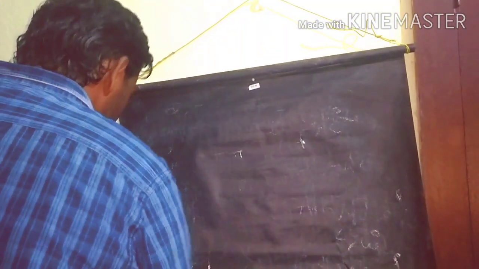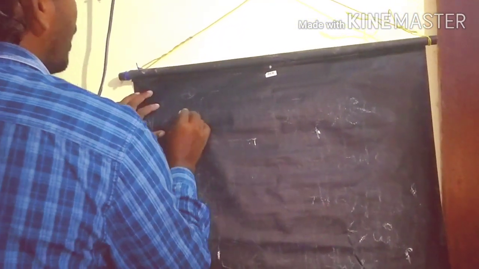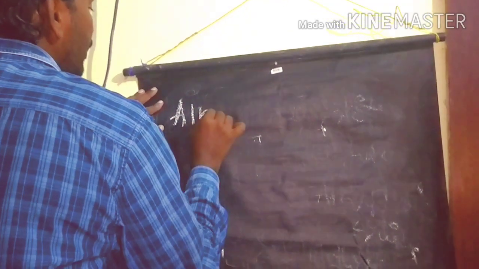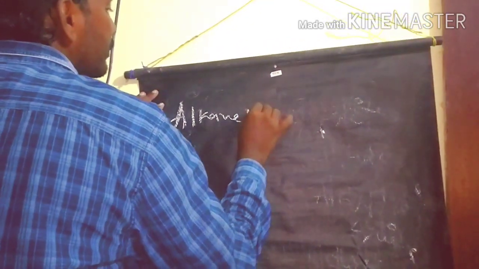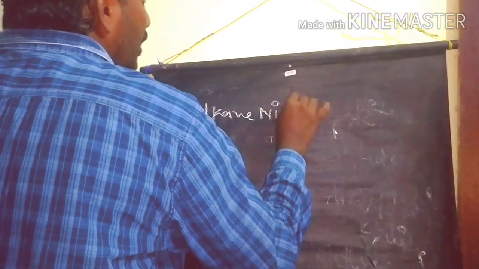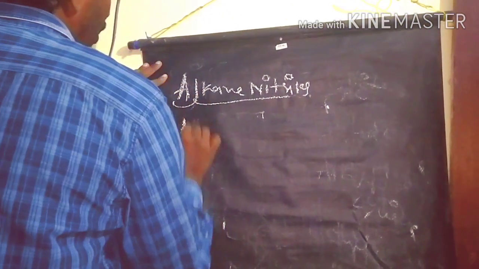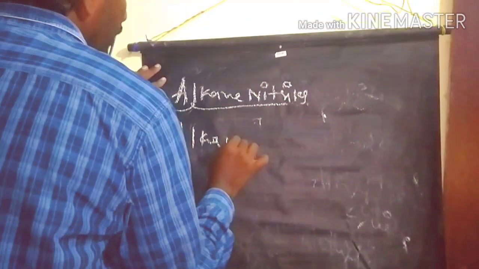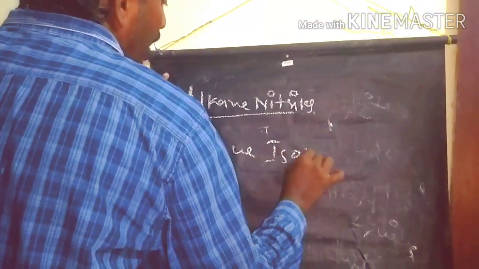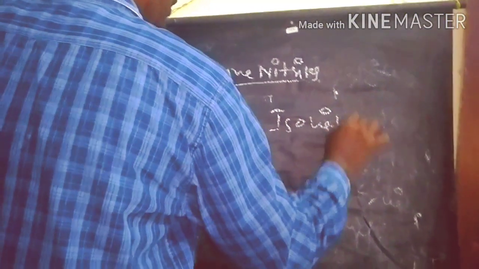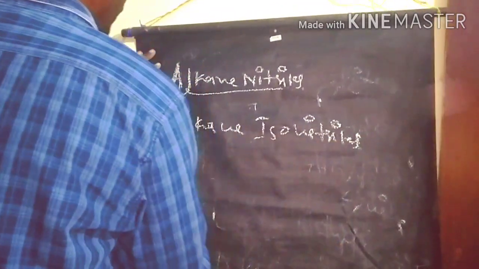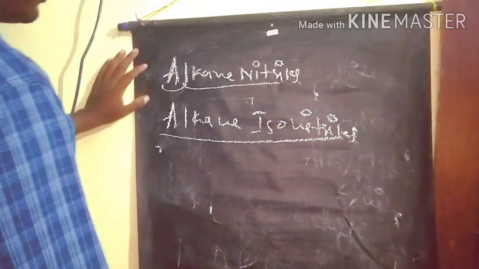This is very simple: alkane nitrile is the IUPAC name of cyanides, and alkane isonitrile is the IUPAC name of isocyanides.